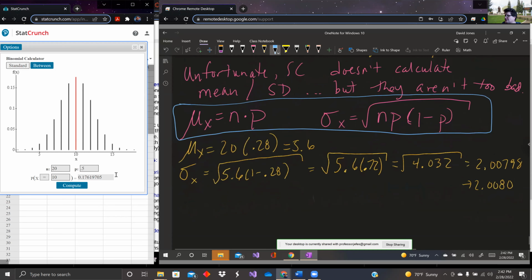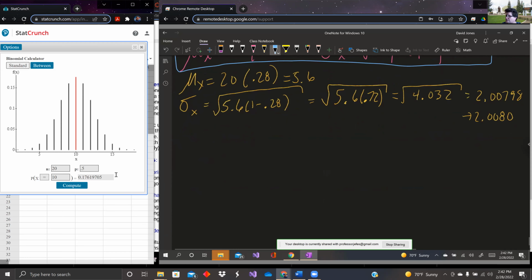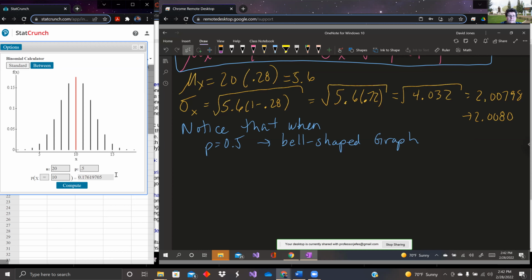Notice that when probability equals 0.5, like I have here, this gives us a bell-shaped graph. It's nice and even on both sides.